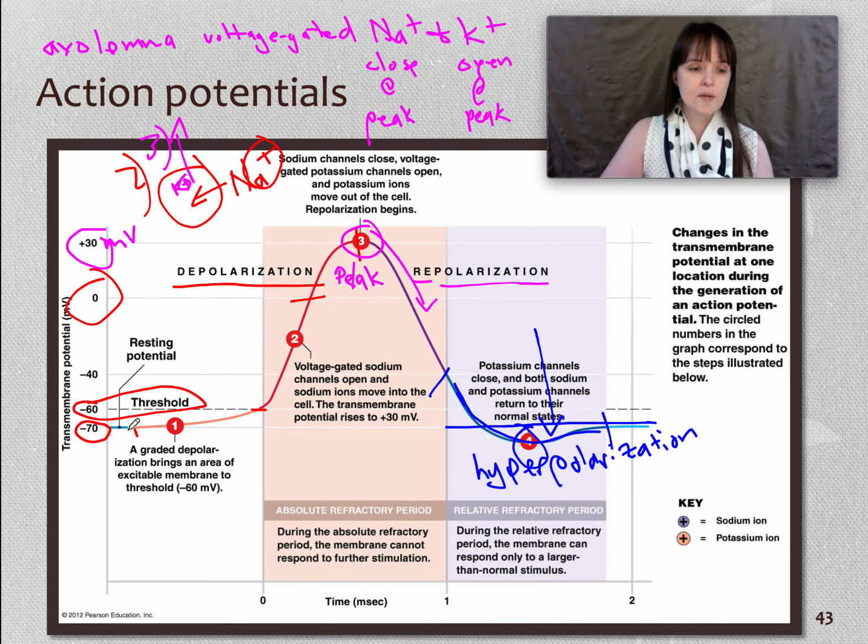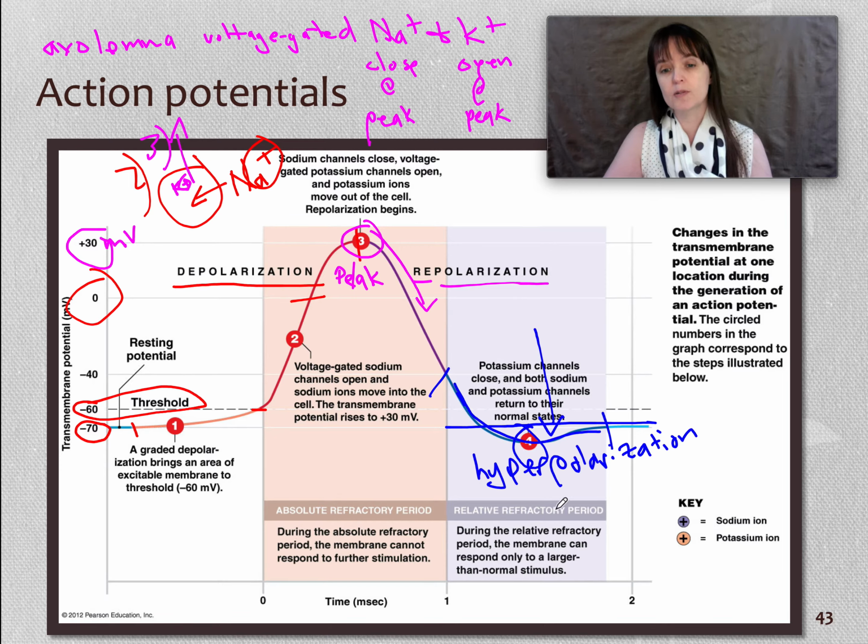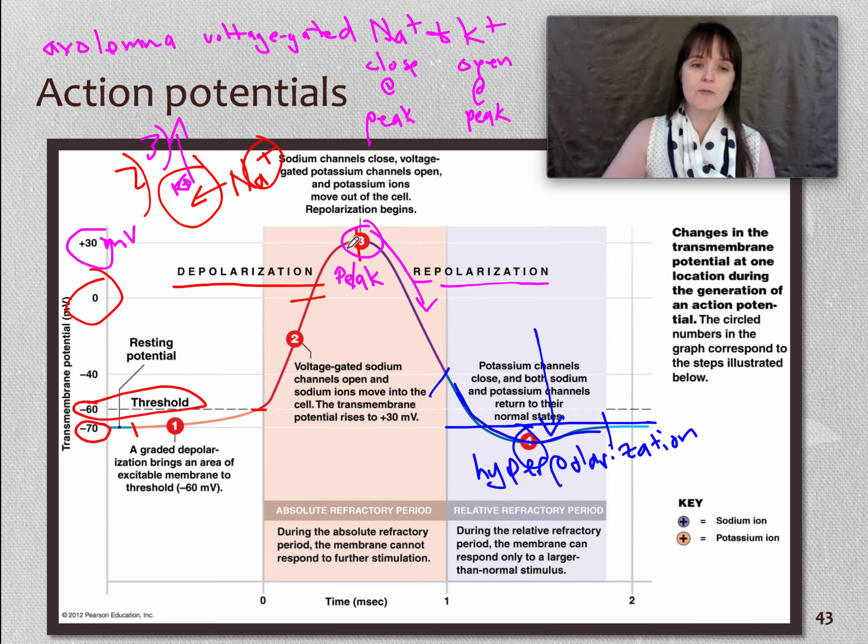Now, anytime you hit threshold and make an action potential, it automatically depolarizes. This is different than a graded potential, which can depolarize or hyperpolarize. But an action potential always depolarizes. Now there is a brief hyperpolarization at the end, but that's not what it does in response. Its initial response is to depolarize.